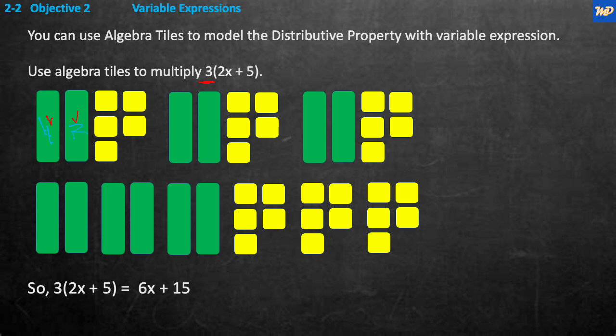And when we do that, we get 1, 2, 3, 4, 5, and 6 x's. And 15 ones, if you will. That's looking at the distributive property using these tiles.